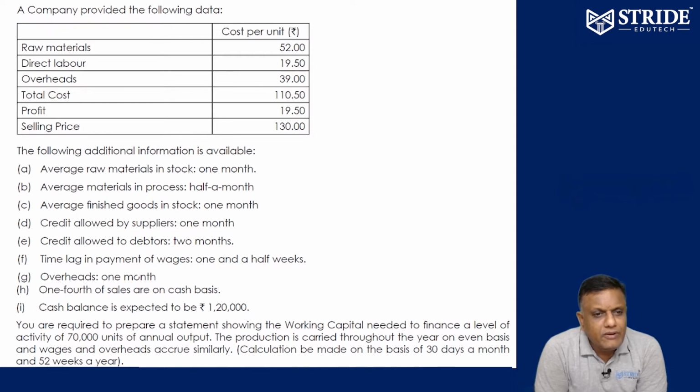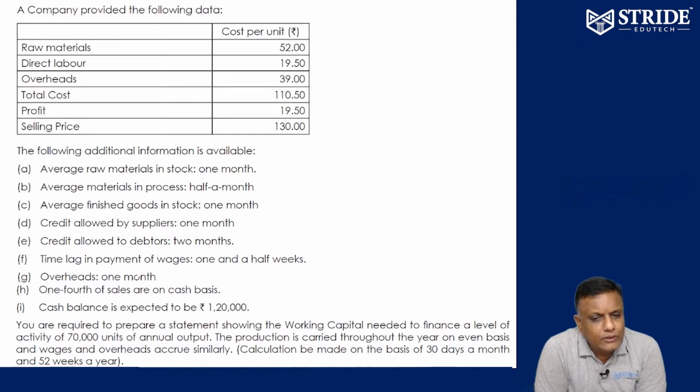The following additional information is available: average raw material stock 1 month, average material in process half a month, average finished goods in stock 1 month, credit allowed by supplier 1 month, credit allowed to debtors 2 months, time lag in payment of wages 1.5 weeks, overhead 1 month. 1/4 of sales are cash basis, then 3/4 sales credit basis. Cash balance expected to be 1,20,000.